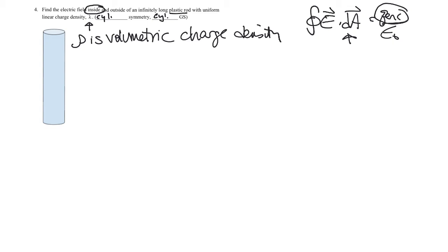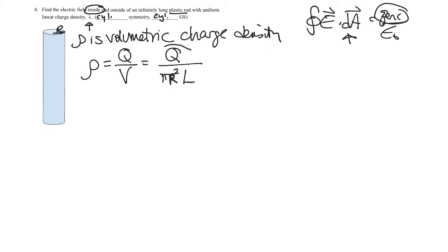if we have a lambda, but I actually kind of want to work in rho, let's see if I can find a relationship. So rho is charge over volume, right? We are going to be dealing with cylinders. So the volume is pi r squared L. And Q, by the way, I'm going to write R, like a big R, because that's the radius of our cylinder, okay?